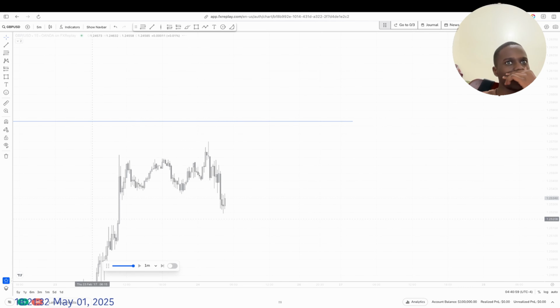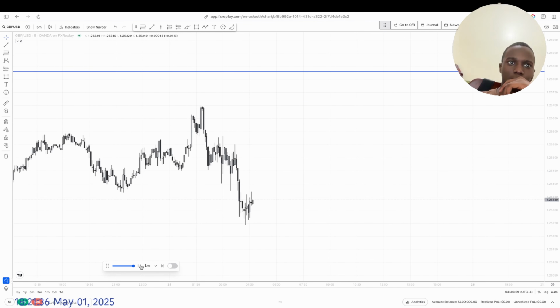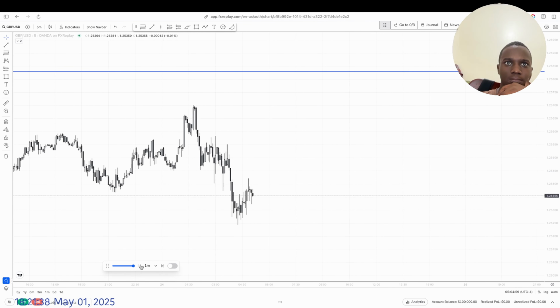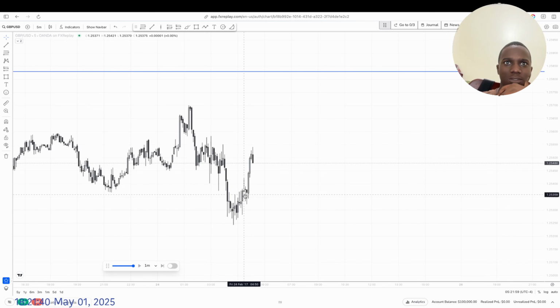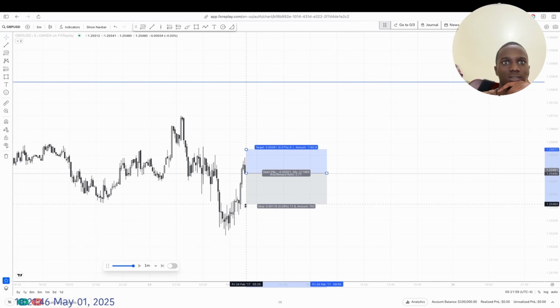So the 5 minute now. Okay, a retracement into the fair value gap, then we enter for a long from this low, targeting these highs.